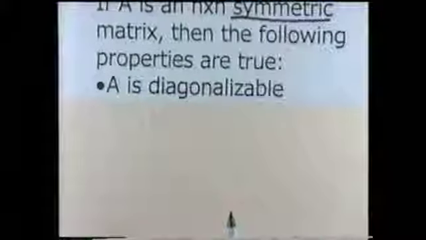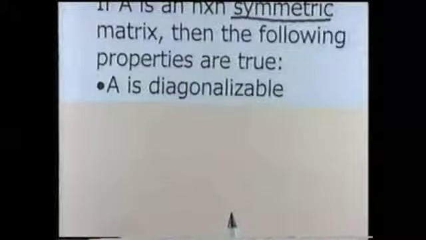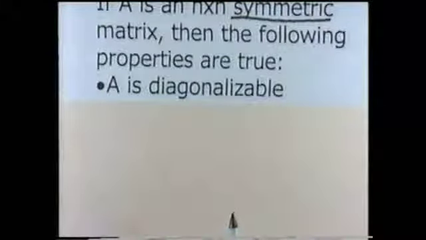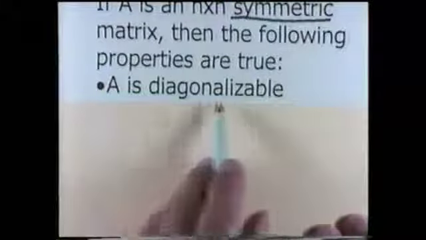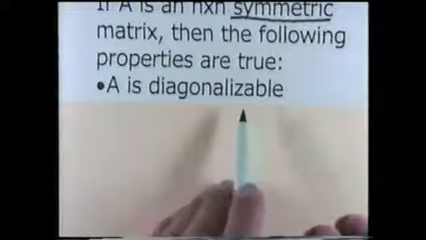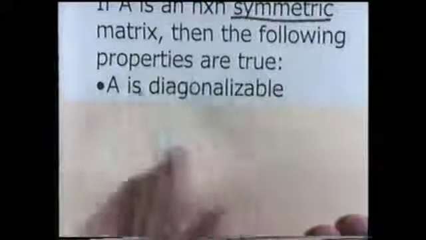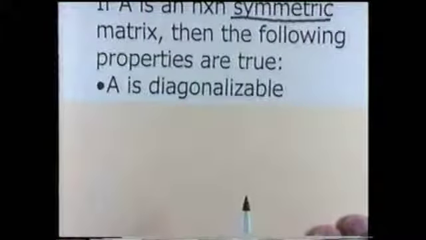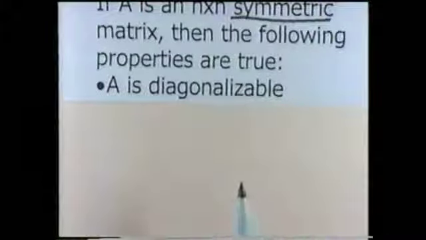The first, A is diagonalizable. Remember, in the last lesson we talked about what you have to do to diagonalize a matrix. Well, if it's symmetric, I know that it can be diagonalized.